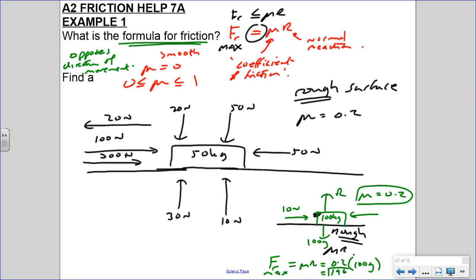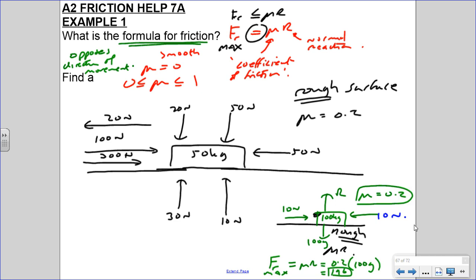But obviously, if I actually applied 196 newtons as my friction here, the particle would be accelerating to the left. But friction doesn't work that way. Friction isn't a pushing force, it's a resisting force. That's why we wouldn't say F max in this situation. The friction that's needed is just 10 newtons, do you see? So then it's in equilibrium, it's not moving.